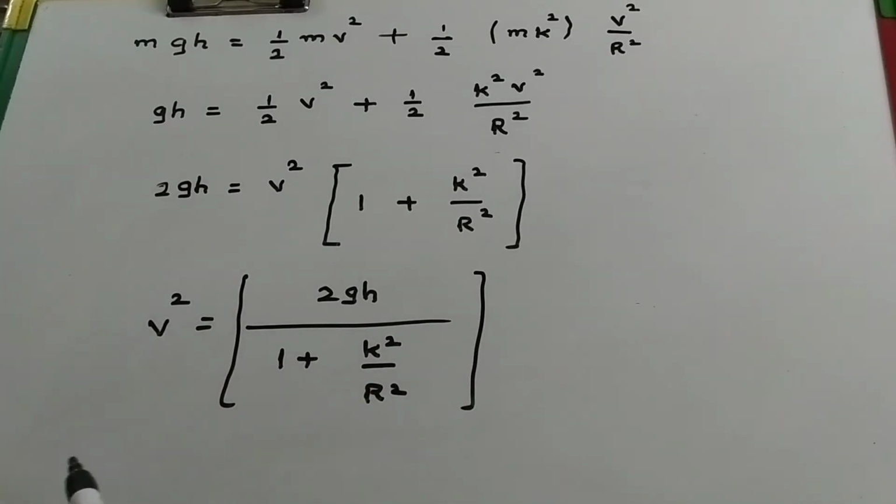Therefore the required equation is proved: v² = 2gh / (1 + k²/r²).